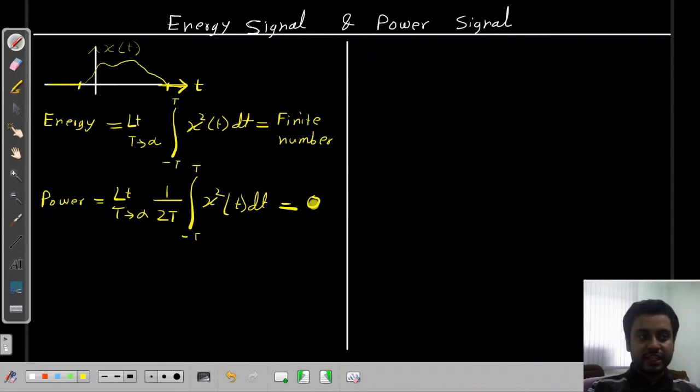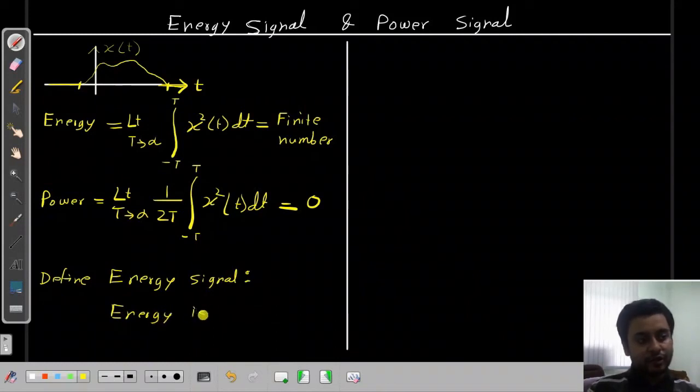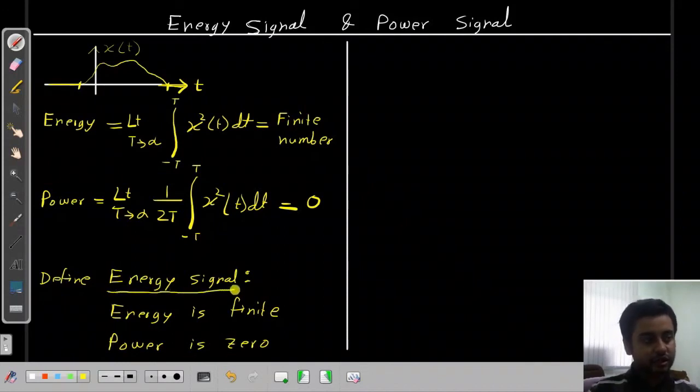In the limit it will give you 0. So we define an energy signal as a signal for which energy is finite but power is 0. Such signals are called energy signals.